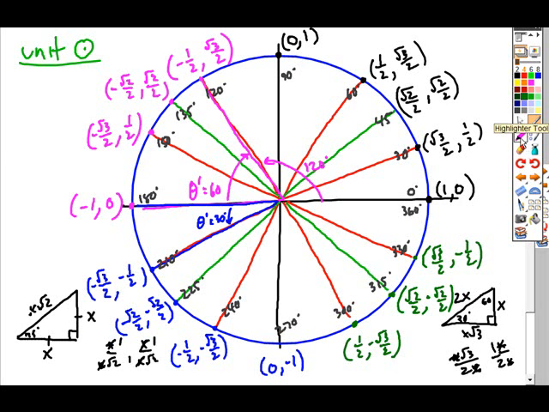But if you can memorize 2 pair, the 30 degrees and the 45 degrees, you can answer every other problem in this, correct? So if you have the 30-degree one, all you need to do for the 60 degrees is switch them up, a 1/2 and then a root 3 over 2. And then after you find that, you should be able to find the coordinates at 0, 90, 180, and 270 pretty easily, right?